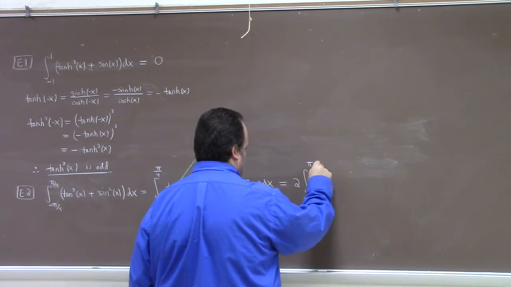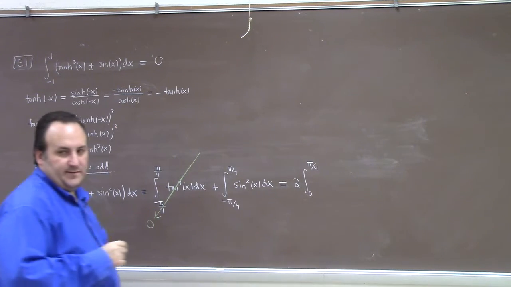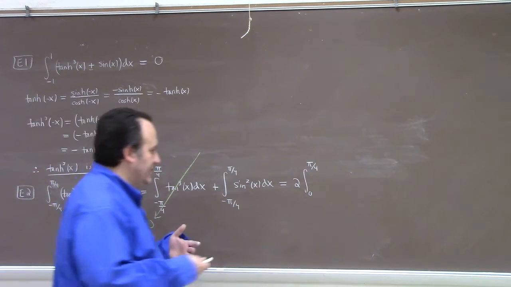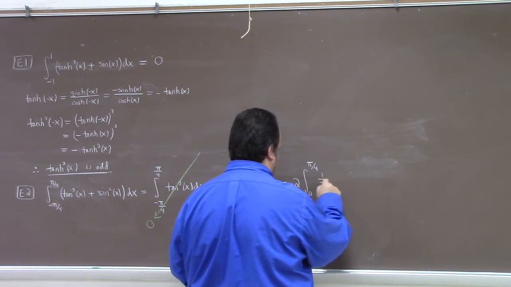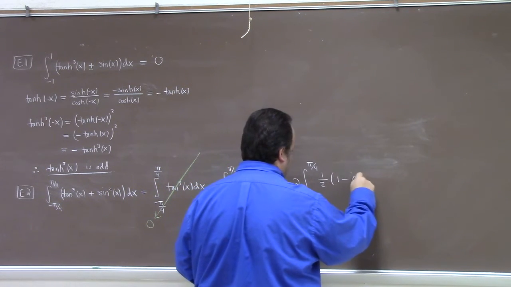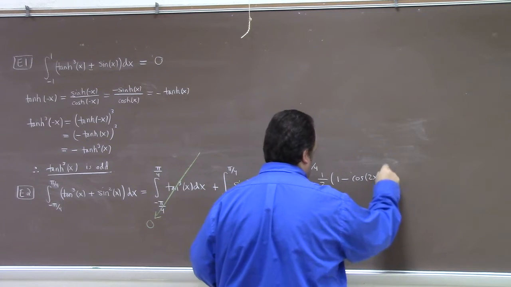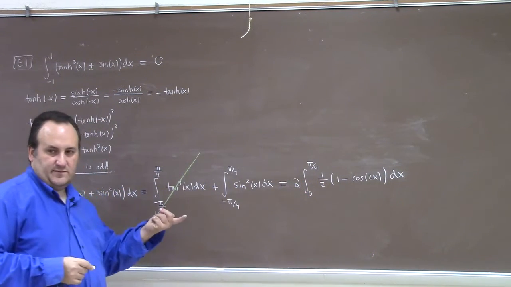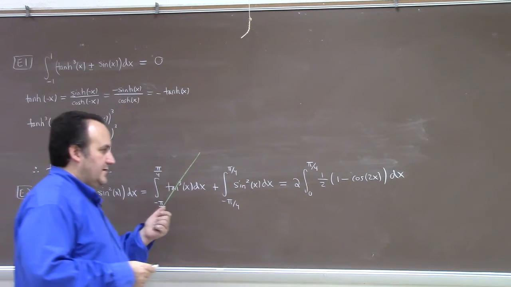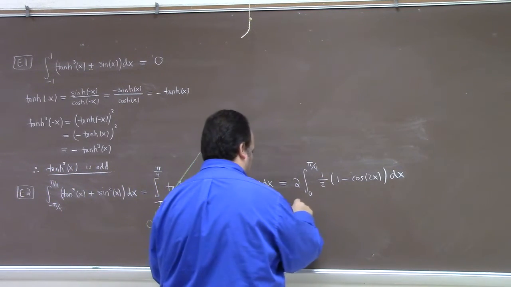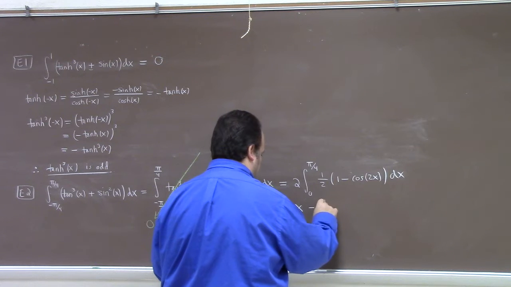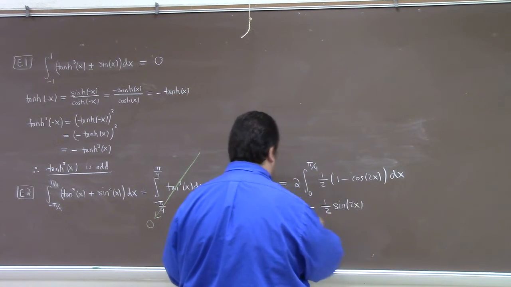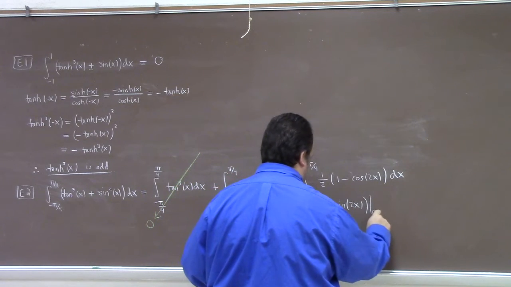Because it's even, I can do the double up trick there. And what is sine squared? Remember the trig identity? That's 1/2 of 1 minus the cosine of 2x dx. So the 2's cancel, right? And we're just left with x minus 1/2 sine of 2x evaluated from 0 to pi over 4.